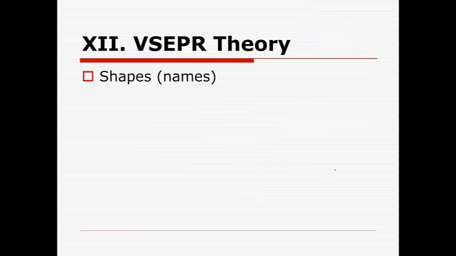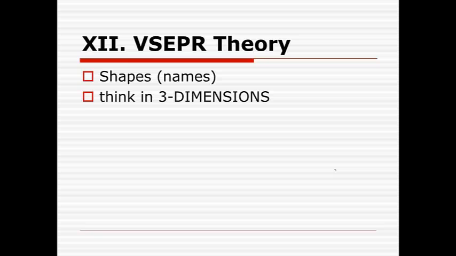Now, what are the actual names or shapes that we can have? Well, you have to think in 3 dimensions. If you only had 4 pairs of electrons, is this the furthest apart that they could get? The 2 bonds, is 90 degrees the furthest apart they could get?